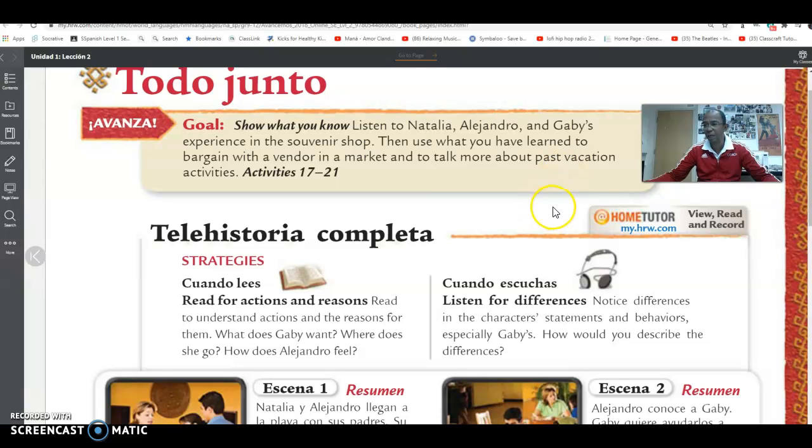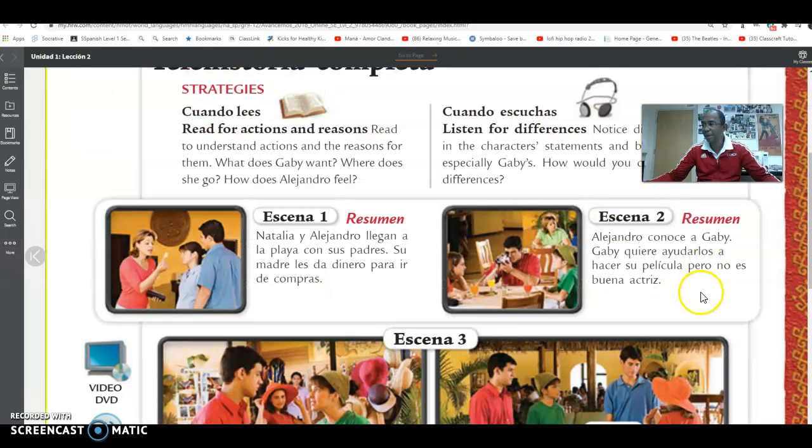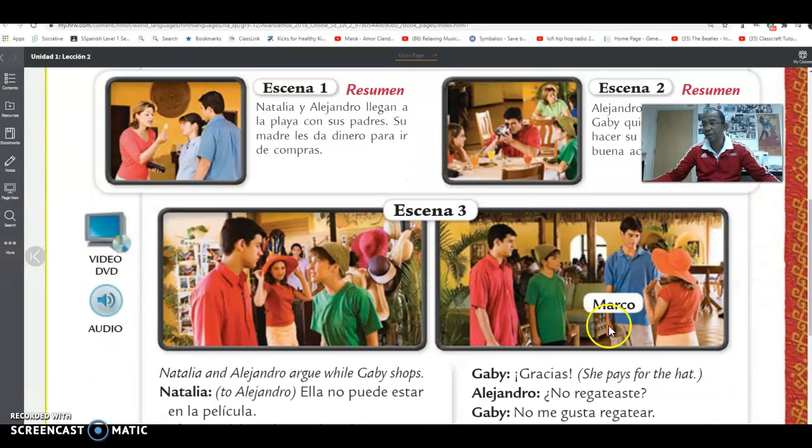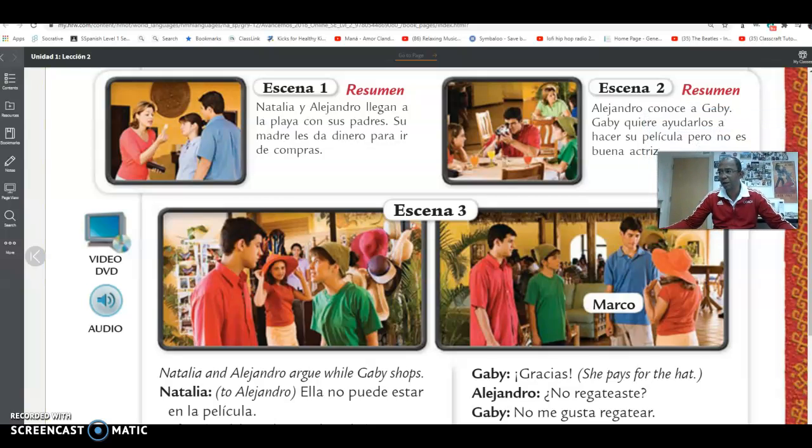Gaby, Natalia, y Alejandro. So we're going to talk about that. In this scene, La Escena 3, which is the final scene, it will tell us more about their experience in Costa Rica. Now, there will be questions on page 74, so pay attention to the video.